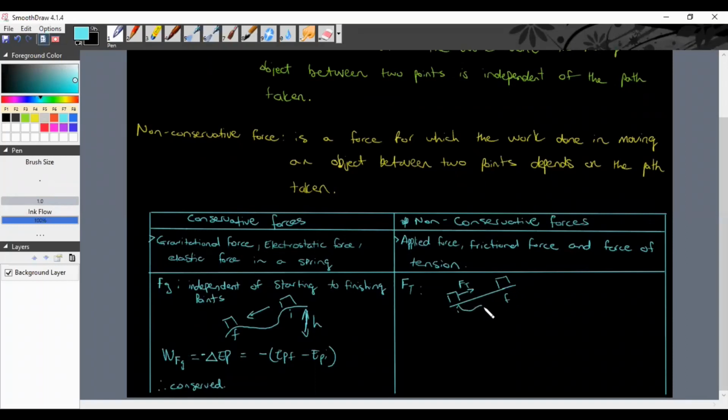From this point to this point would have been delta x. This is not equal to the difference between final and initial values. I put x there to replace whatever variable. Also, this is not conserved, because energy is lost.